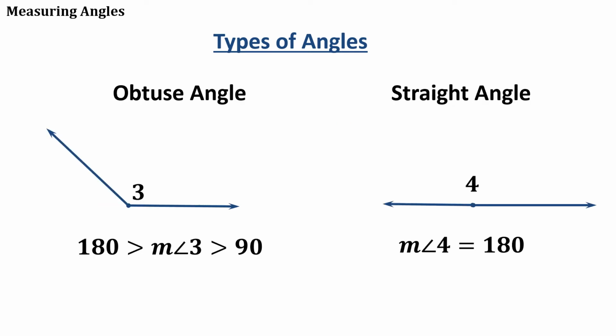An obtuse angle is going to be an angle that measures more than 90 degrees, but less than 180. A straight angle, you will think that is a line, and you will be correct, but the distance between that ray and the opposite ray is going to be 180 degrees exactly.